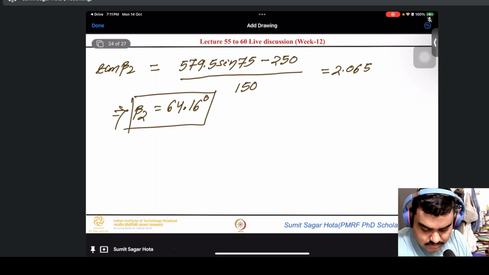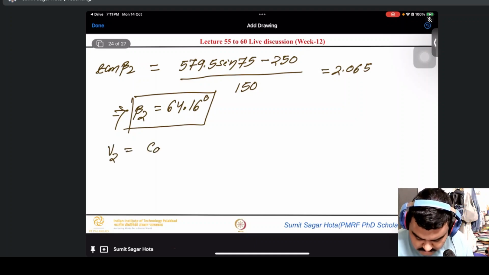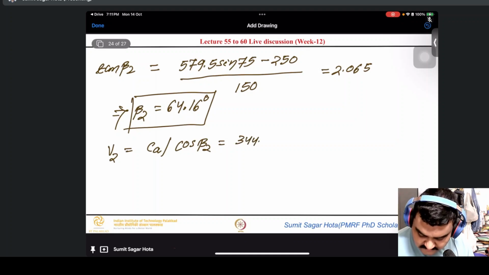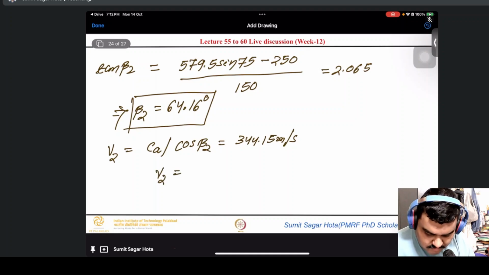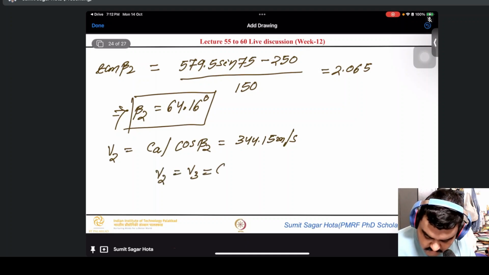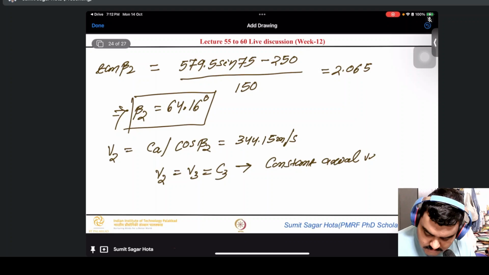So next we will find out the V2. So V2 is equal to CA by cos beta 2 is equal to 344.15 meter per second. Then V2 is equal to V3 is equal to C3, which is your constant axial velocity.